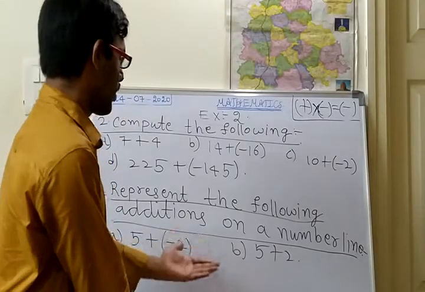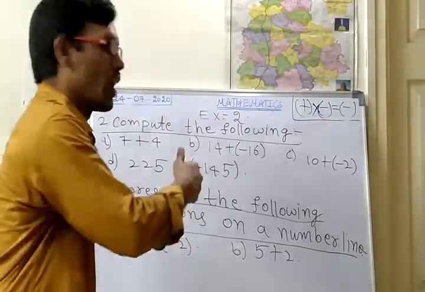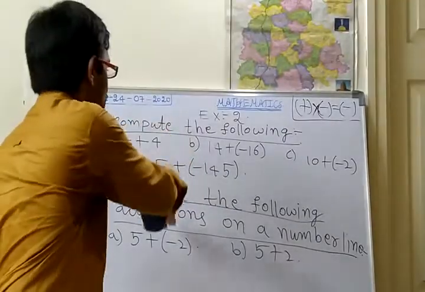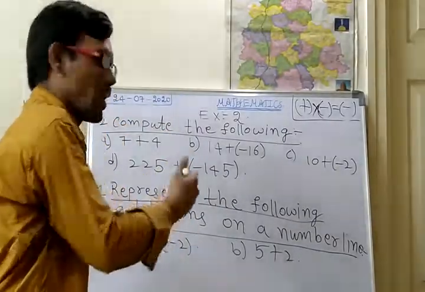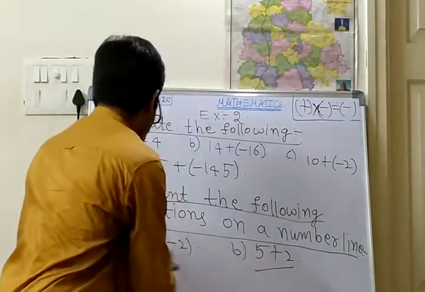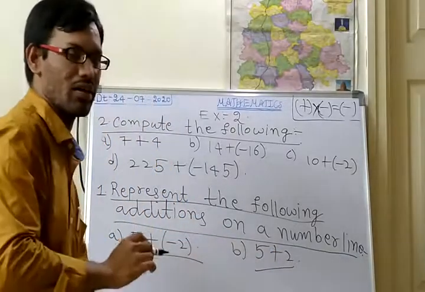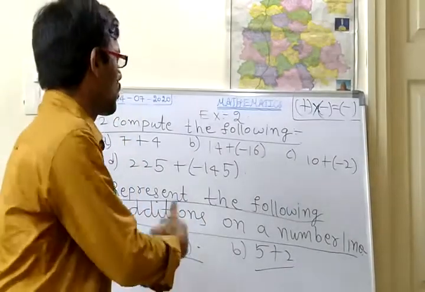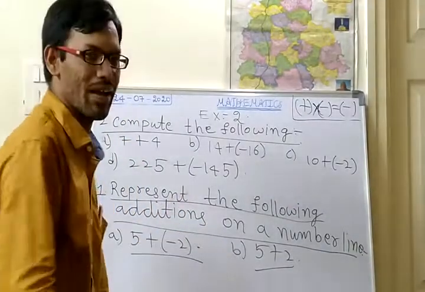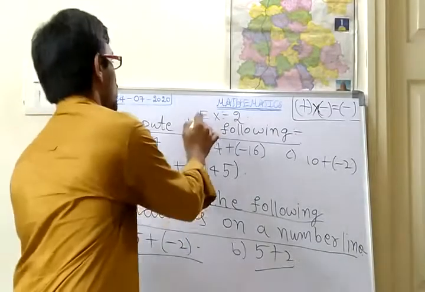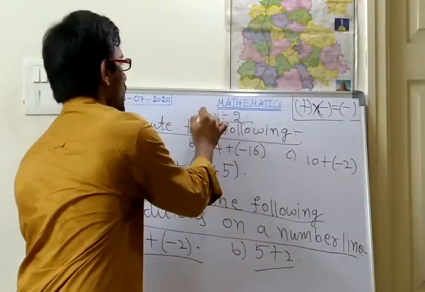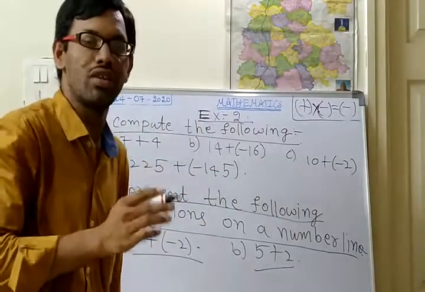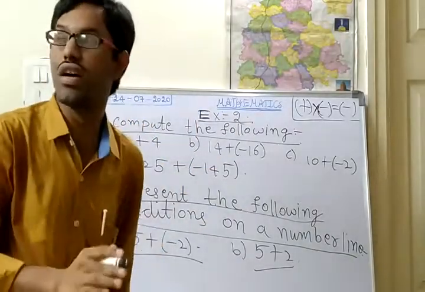So if you are not understanding, then once again you repeat and see my explanations of these particular bits. So you can understand. For the particular models, whatever the models are, on those models only I have given the problem. So you try to do them and show them to your parents. Okay. So I hope you have understood the addition of positive integers and negative integers on the number line.